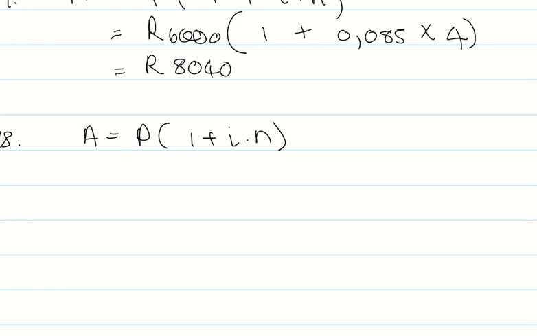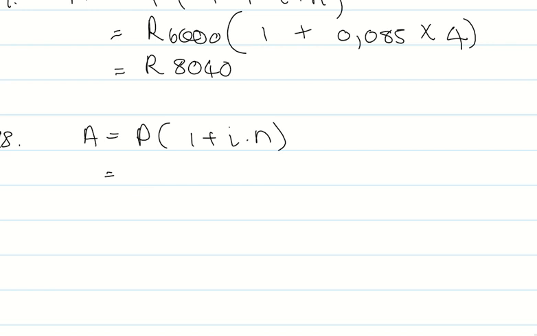What is my final amount going to be? It's going to be that 2,400 plus 360. So 2,400 plus 360 is equal to 2,760. That should be my end amount.